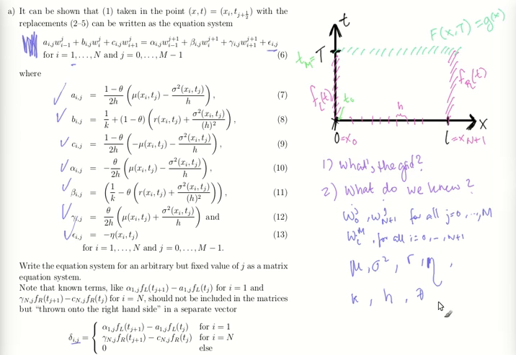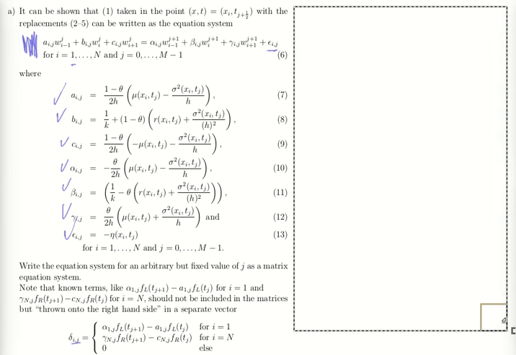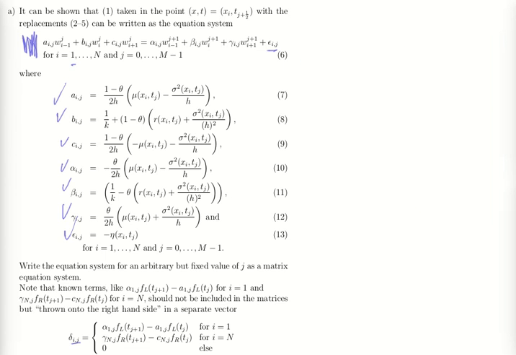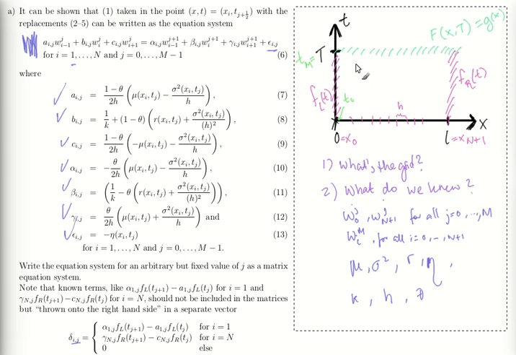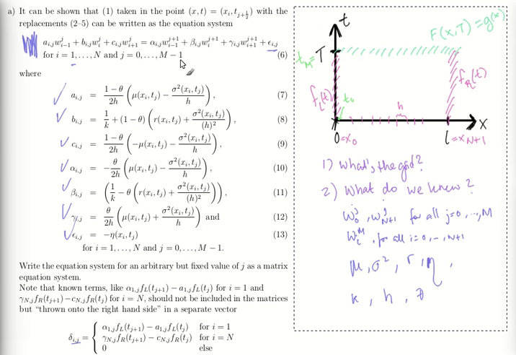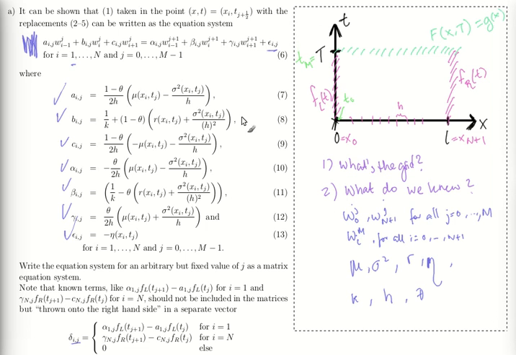Just for comprehension's sake, let us try to write up what it is we want to look at. Well, remember that we had a terminal condition. Shouldn't have deleted that. We had a terminal condition up here. So essentially what we will do is we will start at j equal m minus 1 and then move our way down to j equals 0.